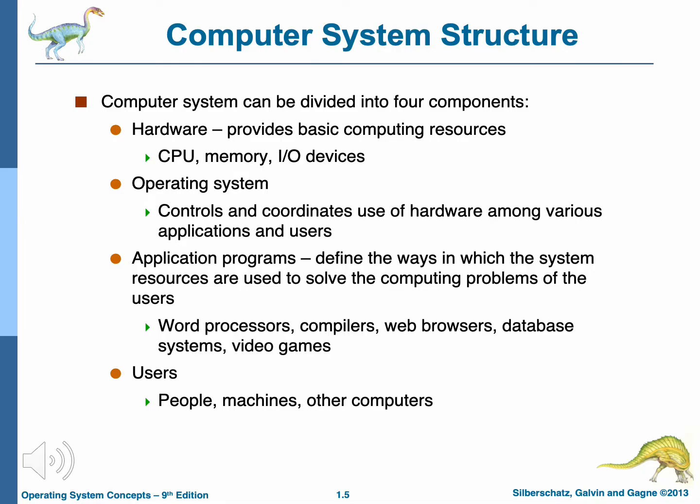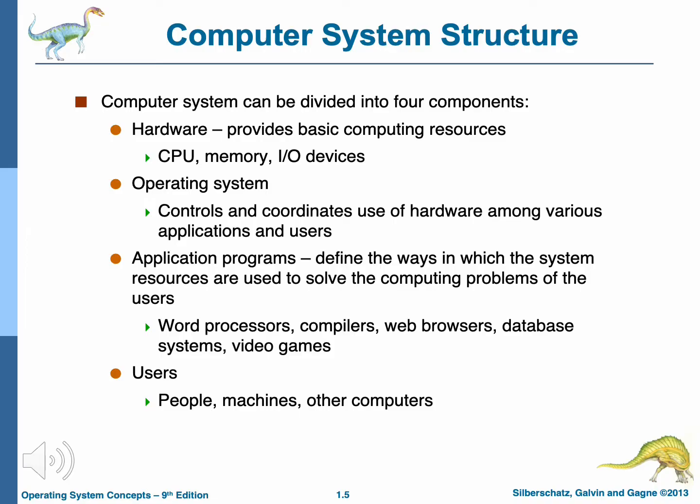A computer system can be divided roughly into four components: the hardware, the operating system, the application programs, and the users. The hardware, the central processing unit (CPU), the memory, and the input-output (I/O) devices, provides the basic computing resources for the system.